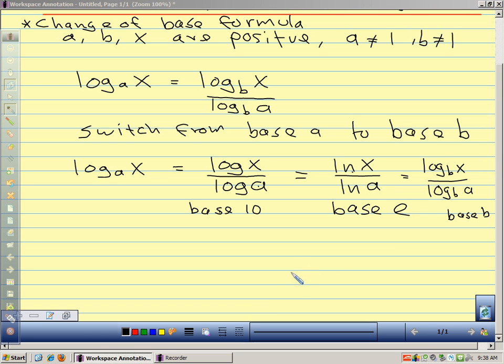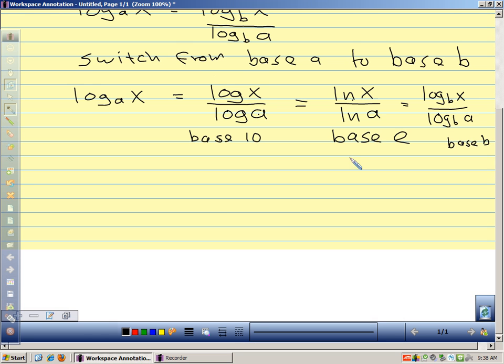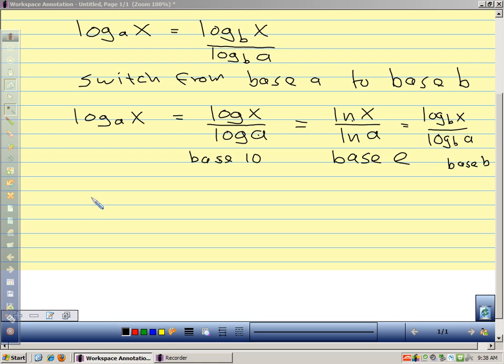All right, so let's look at some examples of changing base. Pretty easy, pretty straightforward. Your problem will say evaluate. Evaluate means come up with a number.